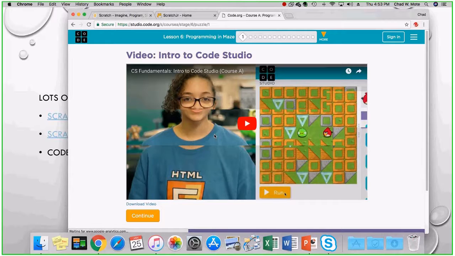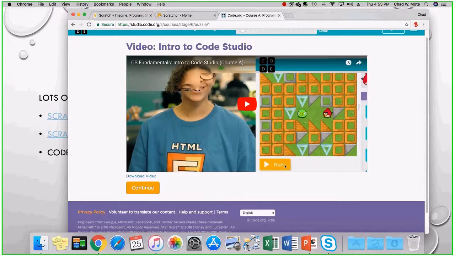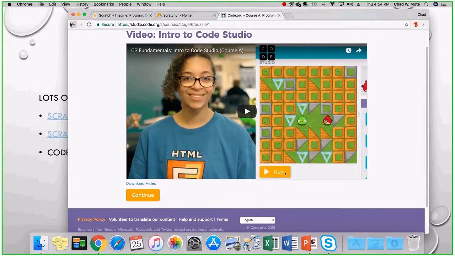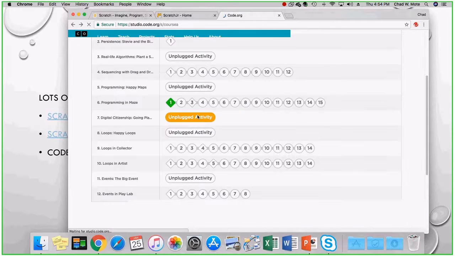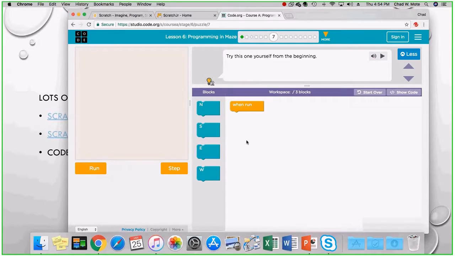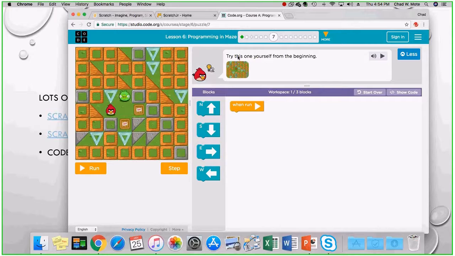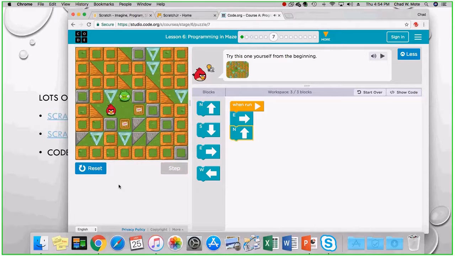And you can see it starts out oftentimes with just a video. I think this is the one we had earlier. And then here, I'm wanting to move the Angry Bird around, so I'm going to go east, and then I'm going to go north and see if I can interact with this guy up here. And then I'm just running this.